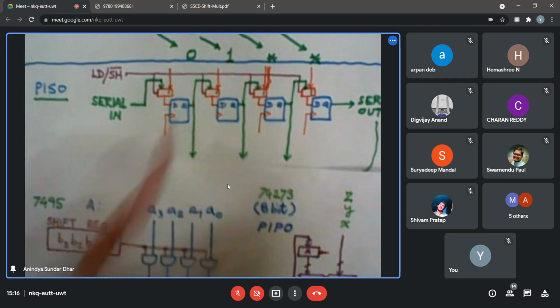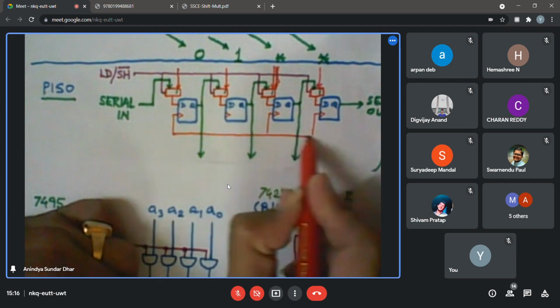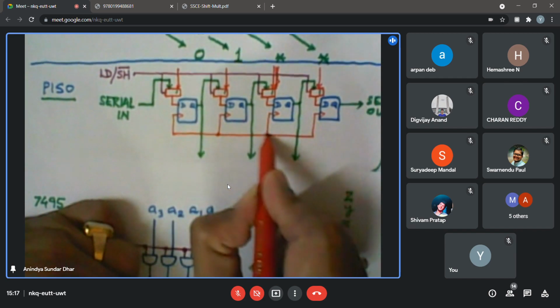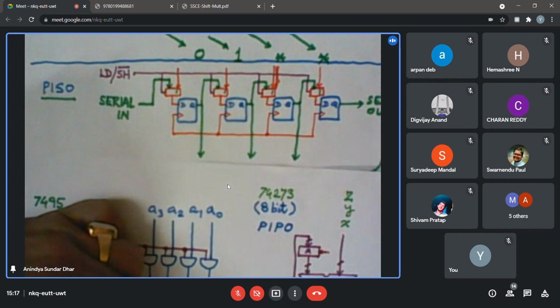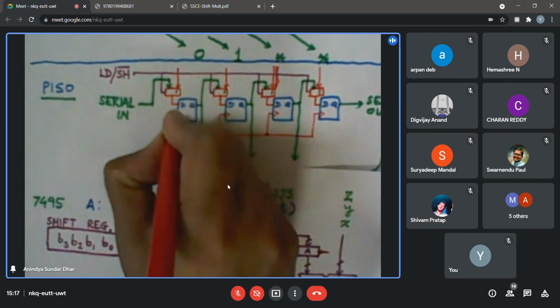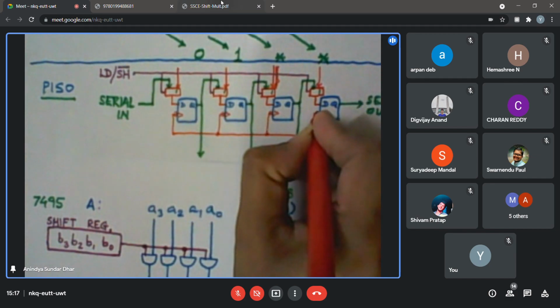Regarding the clocks, let me check one thing. I believed it acts on the rising clock edge, but still, if the clock is rising, CP falling, shifting, no, I think it is acting on the falling edge. Okay, so then I think I should put a bubble over here. Please check, I think that is an important point.